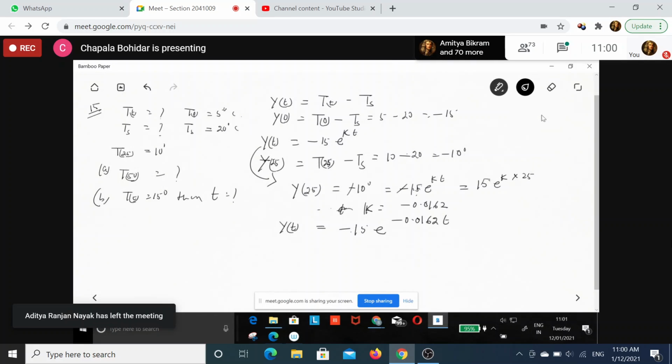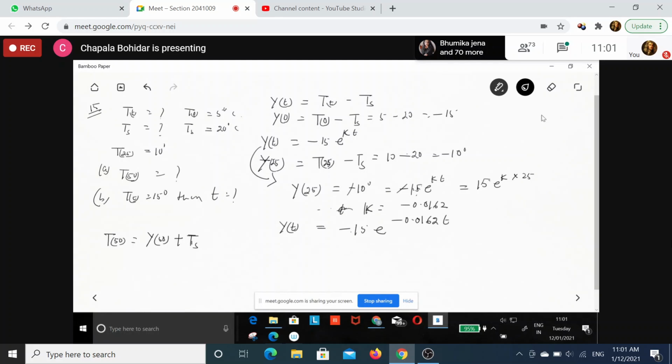Part A: what is the temperature of the drink after 50 minutes? So T of 50 is equal to y of 50 plus Ts. I can write T is equal to y(t) plus Ts. So T of 50 is equal to, I can write this way.